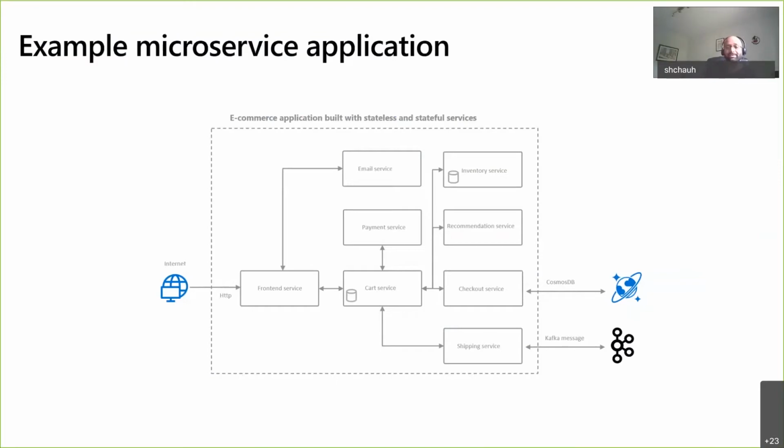So as you can see in this example e-commerce application, we have divided the system into different services, like this front end service, which is handling all the requests from the internet. Then it has a stateful cart service, which is speaking to this stateless payment service and the shipping service. And it is storing its state in the Cosmos DB and listening to some Kafka messages.